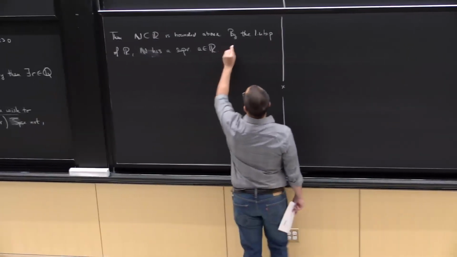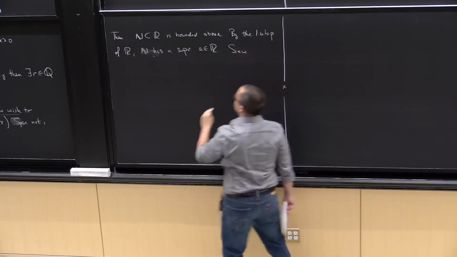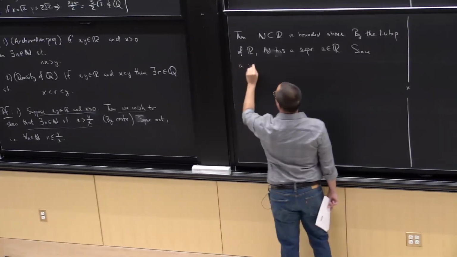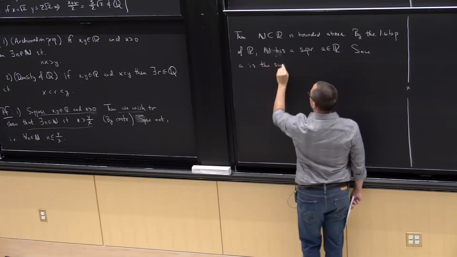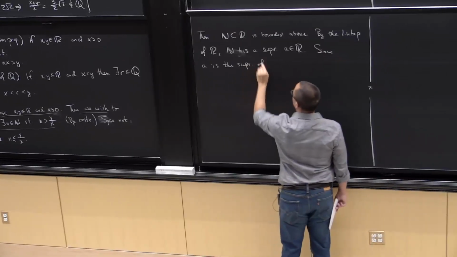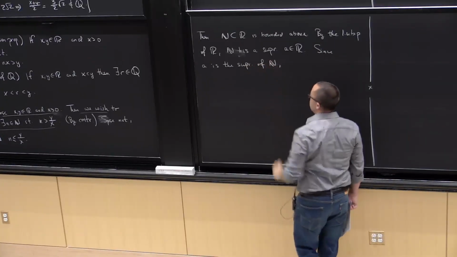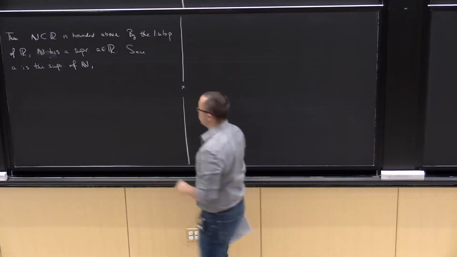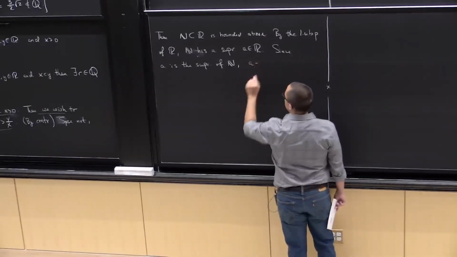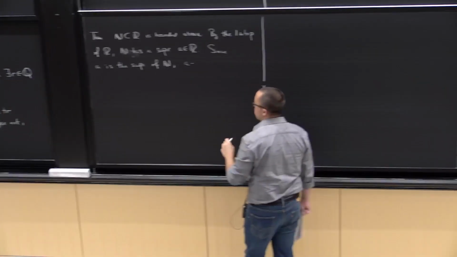Since A is the supremum of N, anything smaller than A cannot be an upper bound for the natural numbers, because remember, A is supposed to be the least upper bound.